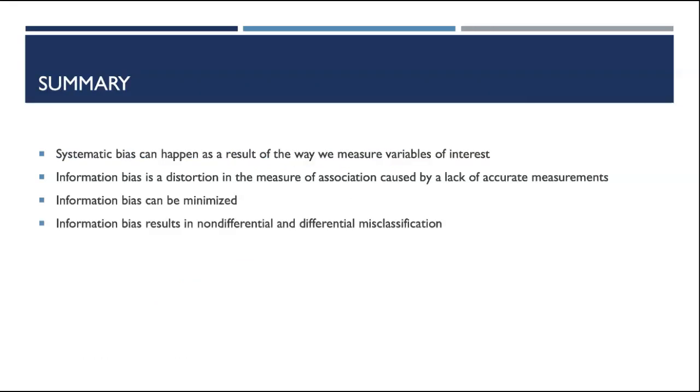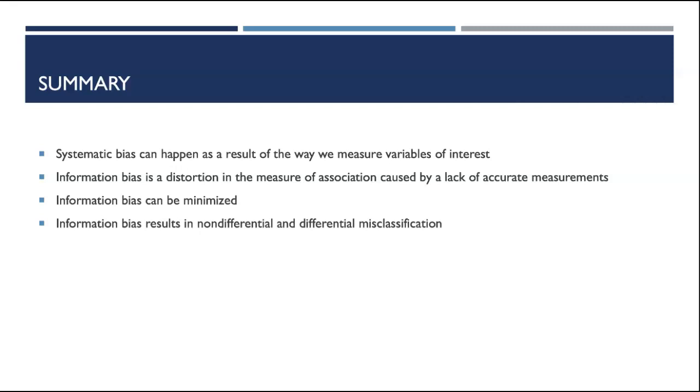So in summary, systematic bias or systematic error can happen as a result of the way that we measure our variables of interest in our studies. We can have bias from confounding, from that third variable that meets the criteria and can distort our measure of association.